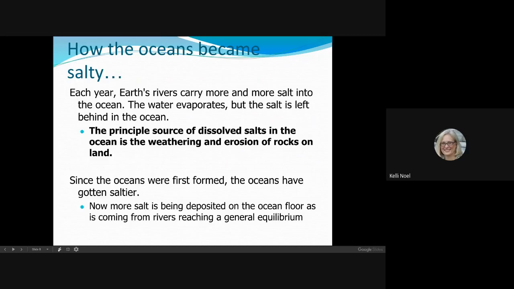What doesn't get dissolved will sink to the bottom. That's what's happening as more and more salt gets into the oceans. If it can't dissolve, it's going to sink to the floor. So, weathering and erosion of rocks.